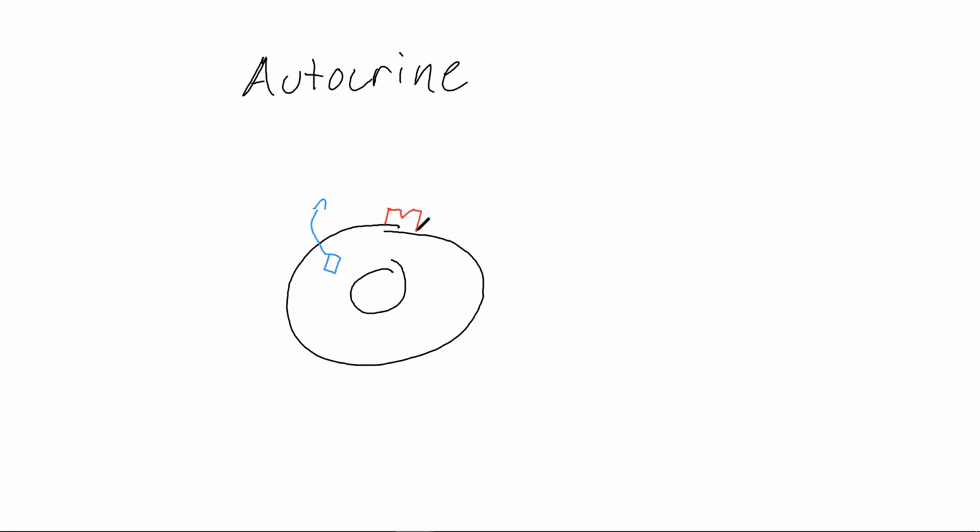In this case, it is communicating with itself. So the ligand is just going to meet with the receptor on the cell, and the message is going to trigger. Now, why does it need to go on the outside? Because the receptor is on the outside. That part makes sense? Yes. This is autocrine communication.